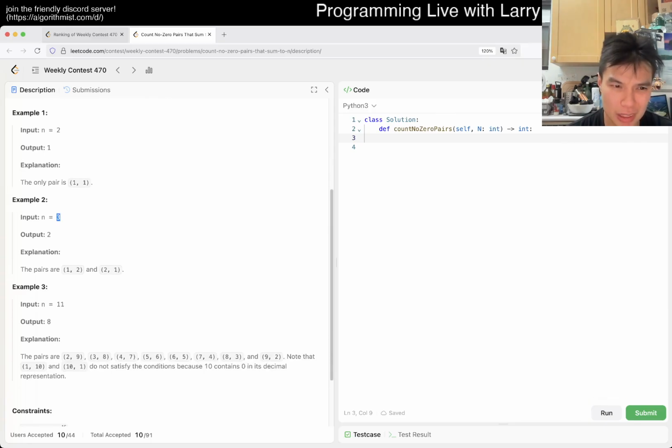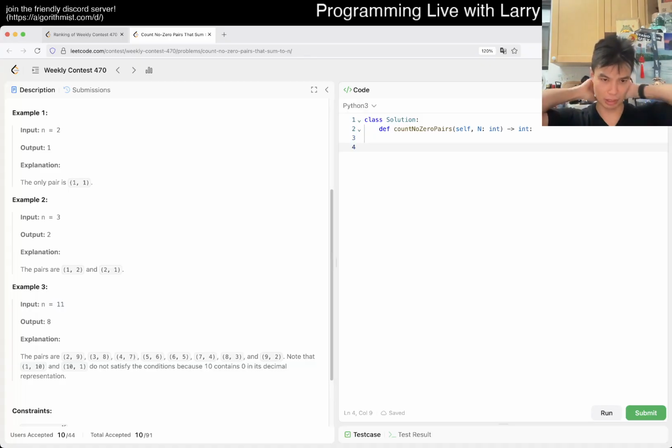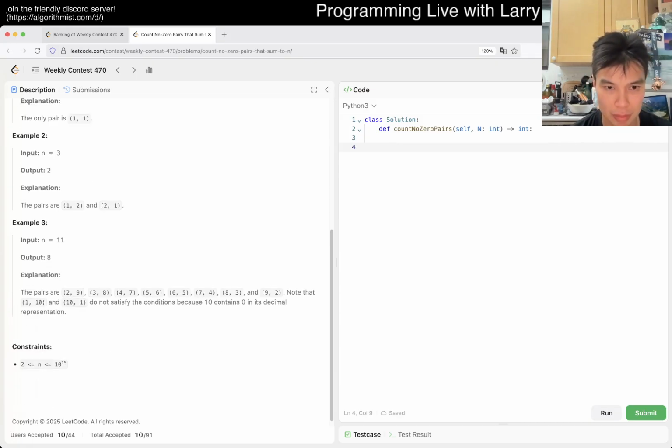Minus 1 maybe? So then now this is 10. I think that sounds right. So I just count the number of numbers that don't have zeros. Is that true?